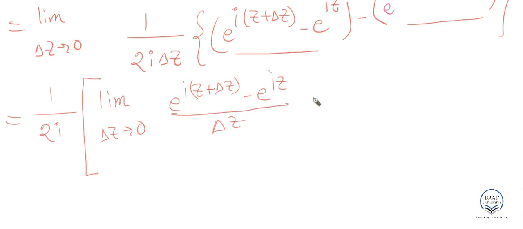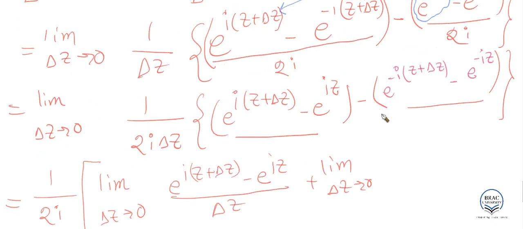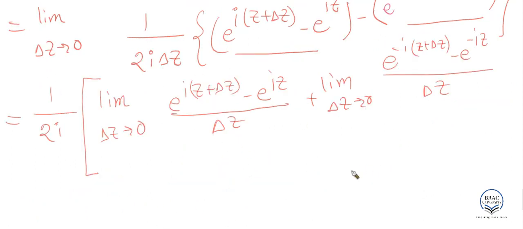This is one term, and the other term is limit del z goes to 0, and you have a del z over here, and you have e to the power minus iz plus del z minus e to the power iz. Now notice that these are the expressions that we learned earlier. That is, this is just a derivative of e to the power iz, and this is a derivative of e to the power minus iz, right?